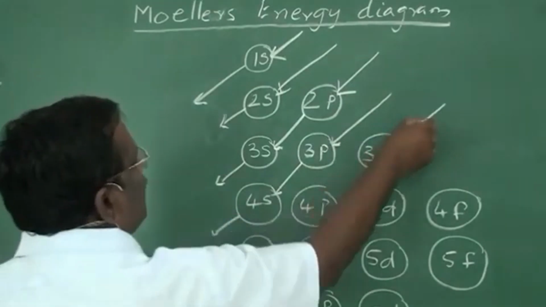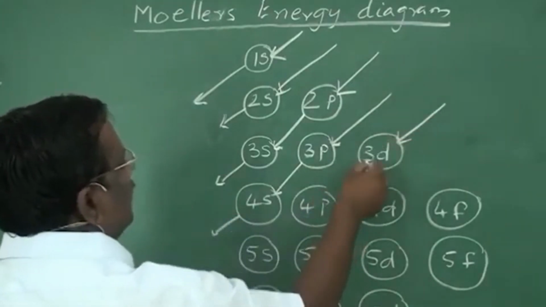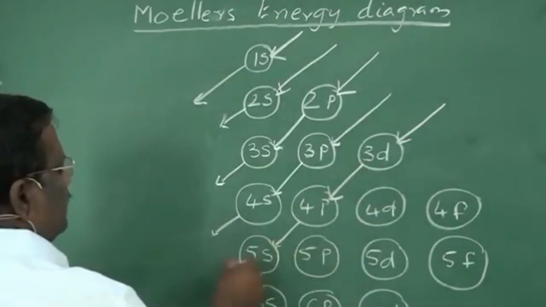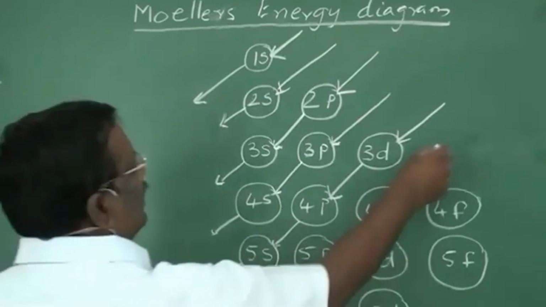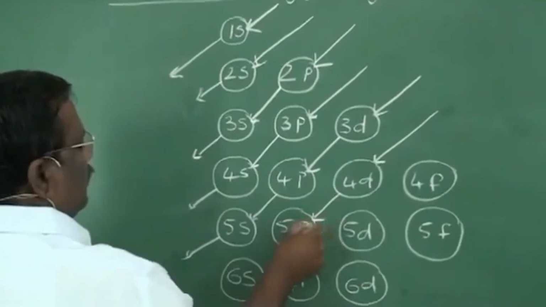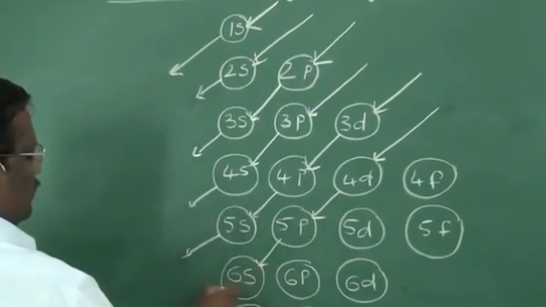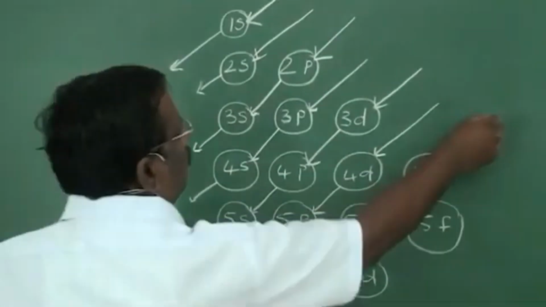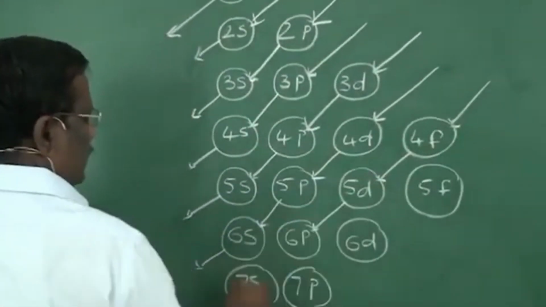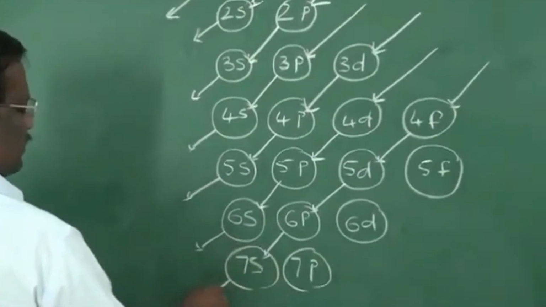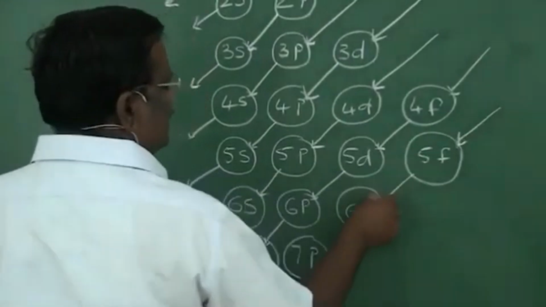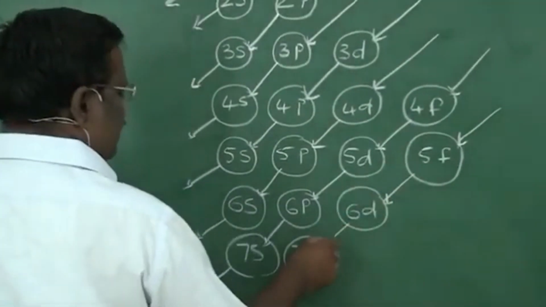After filling 4s, the electron will enter into 3d, then 4p, then 5s. Similarly, then 4d, 5p, 6s, then 4f, 5d, 6p, then 7s. After 7s, 5f, then 6d, then 7p.